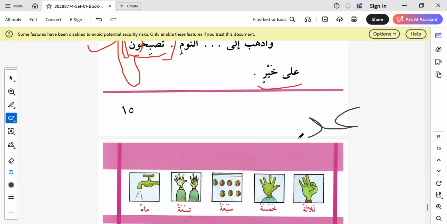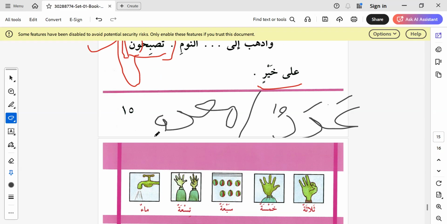You have the adad, that's the number, and you have the ma'dud. You have adad and ma'dud. Please let's take note of those 2 things when you are counting.